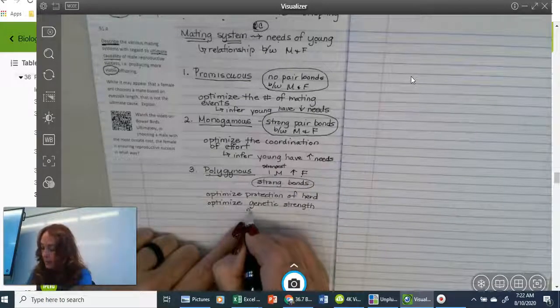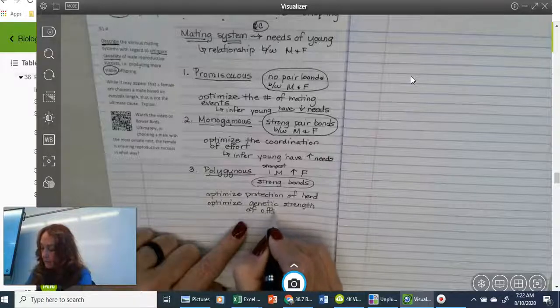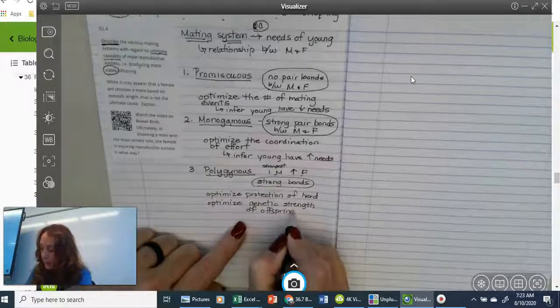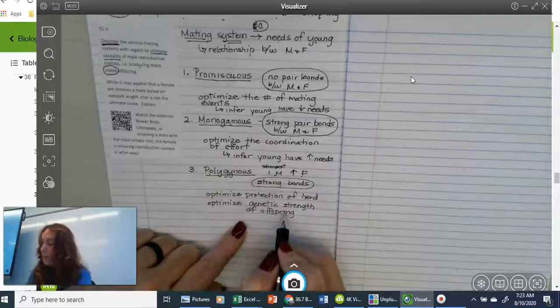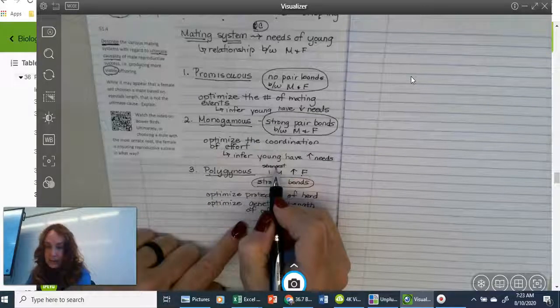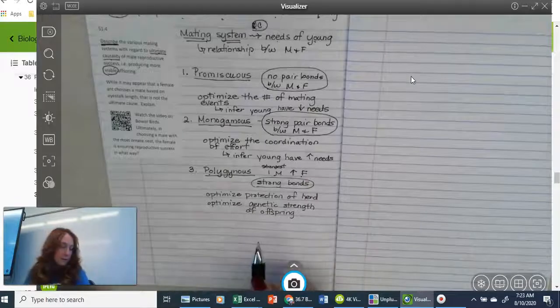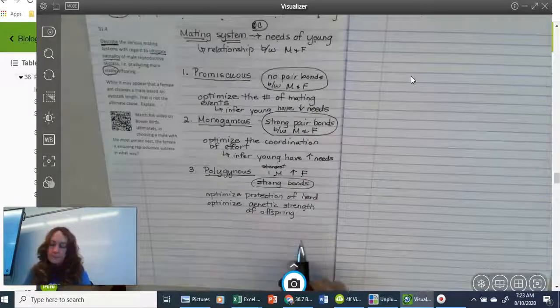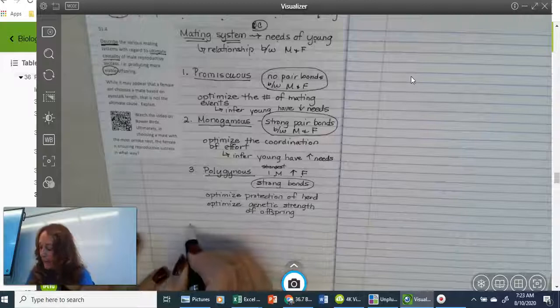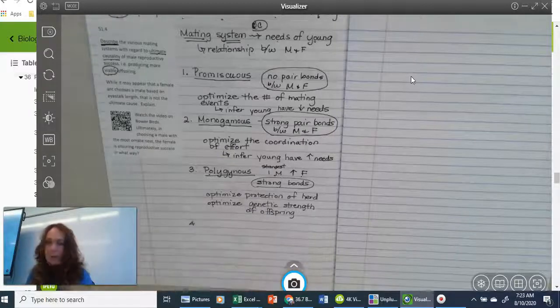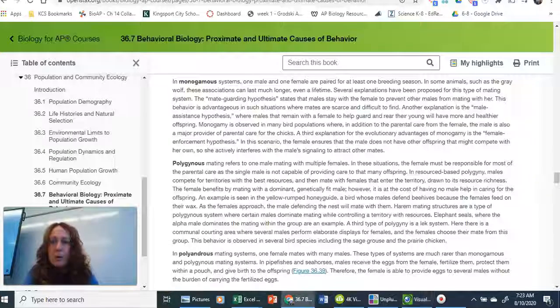So the genetic strength of the offspring. Because you're only allowing the male with the best genetics to actually have offspring. So the last one, let me go over here and make sure it's part of this. Yes, okay.